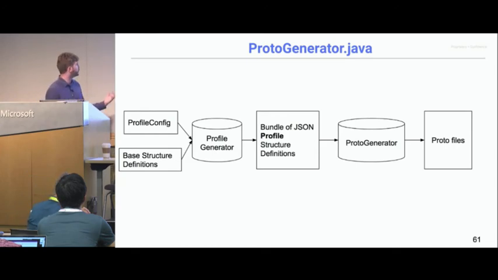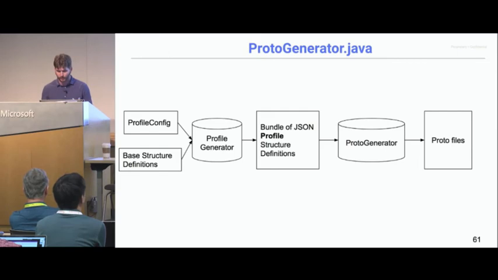You feed that along with the base structure definition into the profile generator, and you're going to get out a bundle of profile structure definitions. You're going to feed them to the proto generator, and you're going to generate a proto file. This looks like a lot of steps, but we define Bazel build rules.